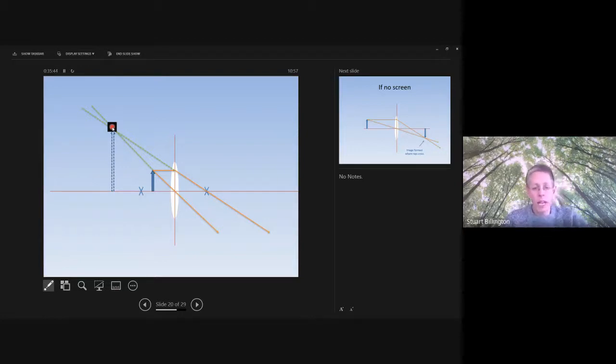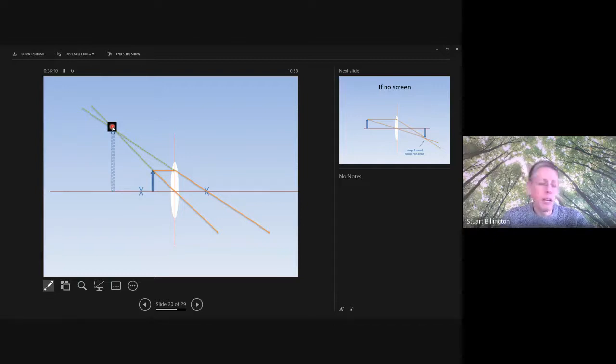Take a look at how I've done it. You draw it just like you did the first 4 diagrams, but now you draw dashed lines. So place your ruler on the line that you've drawn, and then just extend it backwards as a dashed line. And where your 2 dashed lines meet, draw yourself in a vertical image.